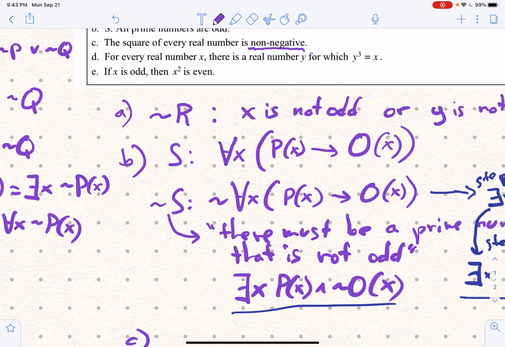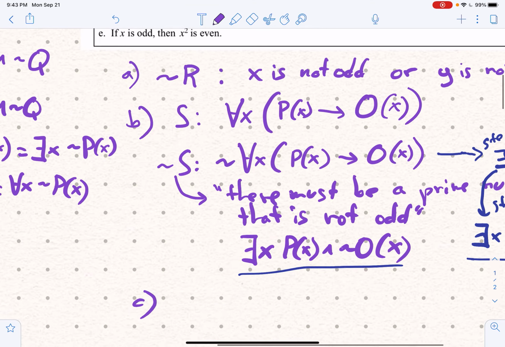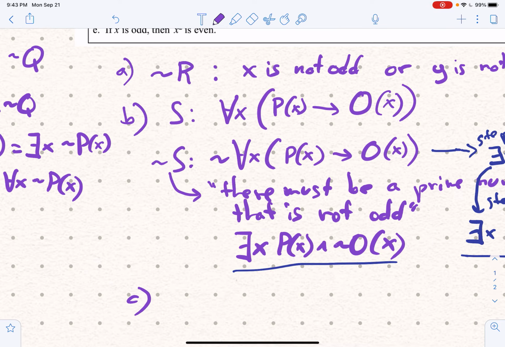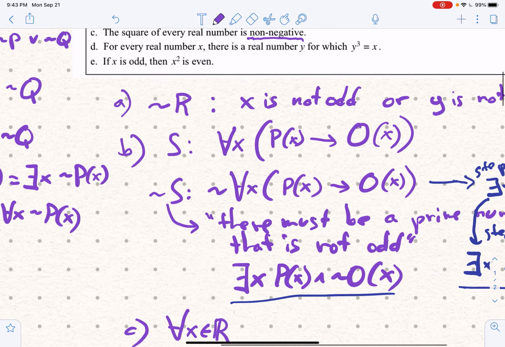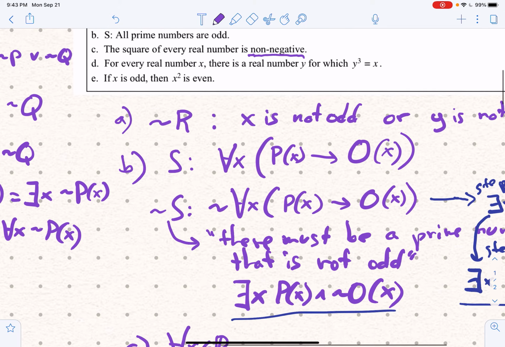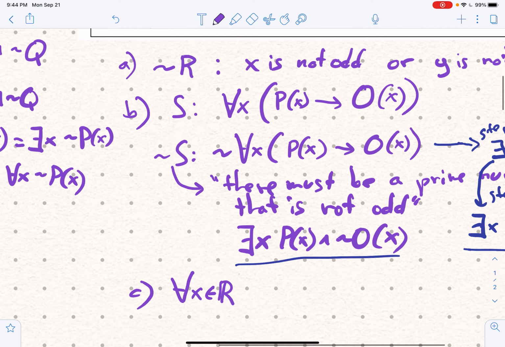Another way of saying that is that it's bigger than or equal to 0. So just to state, the original statement says, for all x in the real numbers, x squared is bigger than or equal to 0.